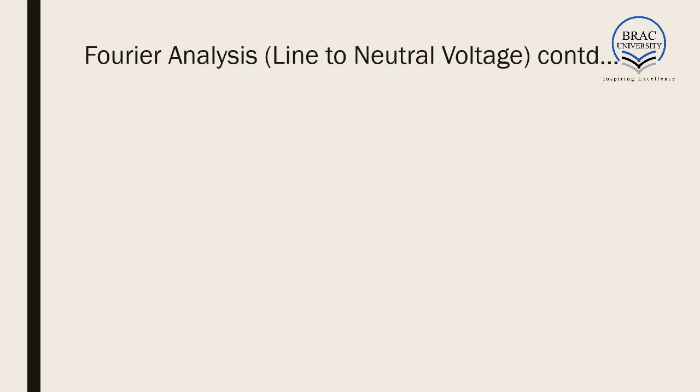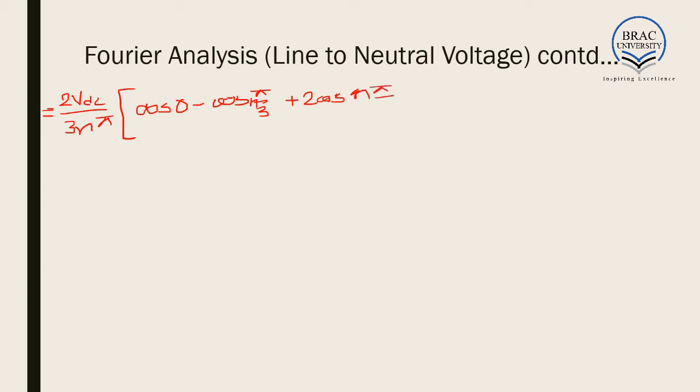We are bringing out the VDC by 3 outside. So by bringing that out, we get 2 VDC by 3 pi times: cos 0 minus cos n pi by 3, plus 2 cos n pi by 3, minus 2 cos 2n pi by 3, plus cos 2n pi by 3, minus cos n pi.